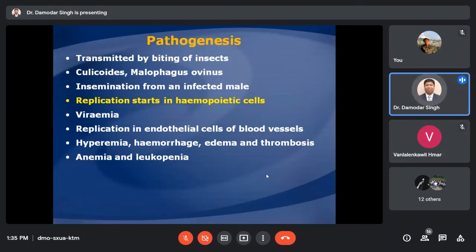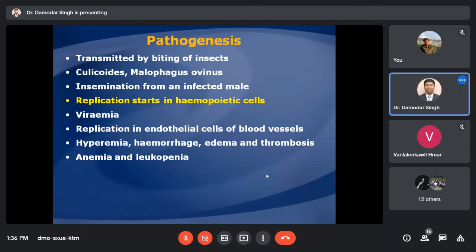As we have already learned, the associated pathological conditions of the vascular system are hyperemia, hemorrhage, edema, and thrombosis. Most of the animals may be very much anemic and may show leukopenia.